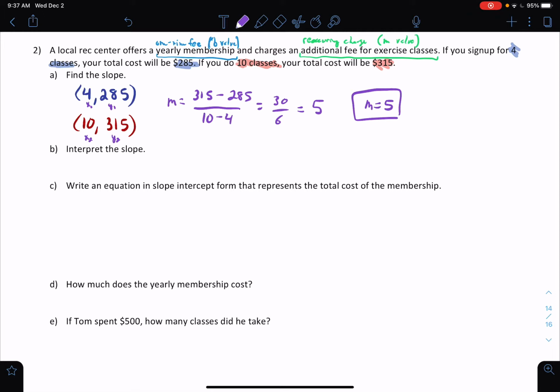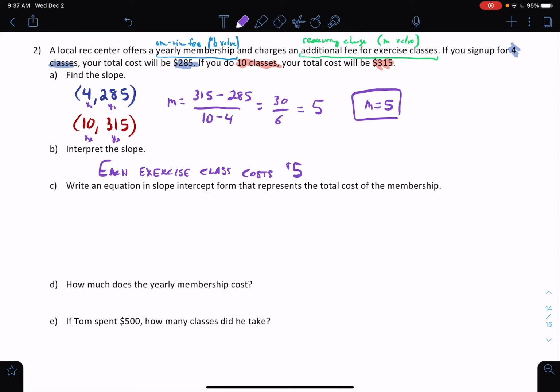But what did the slope represent? The slope is my reoccurring rate of change. In this problem, it represents the fee per exercise class. So what does the slope mean? Each exercise class costs $5.